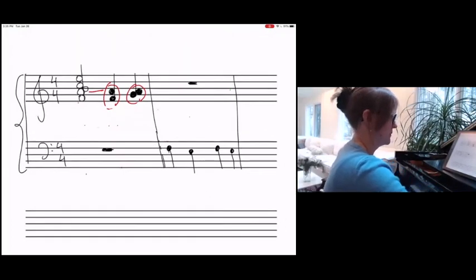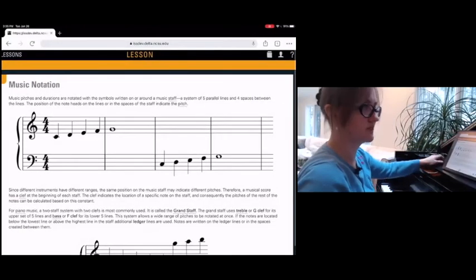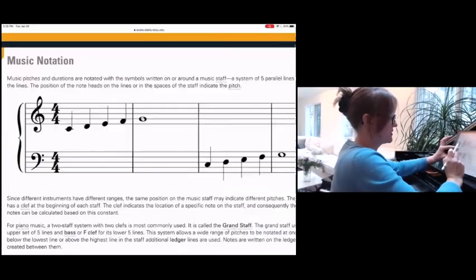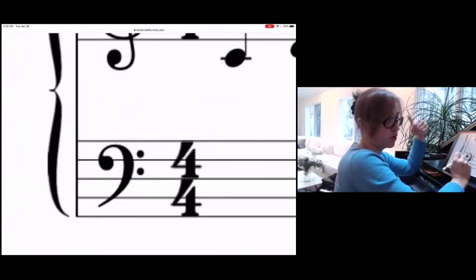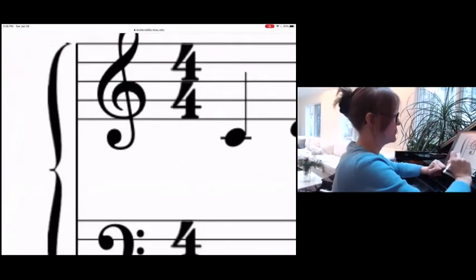Okay, so moving back to the lesson. This is our notation. Knowing that you have the bass clef, knowing that this line where the bass clef begins, where you see the dot, is F3, F below the middle C, will enable you to figure out the rest of the notes. Same for the treble clef.